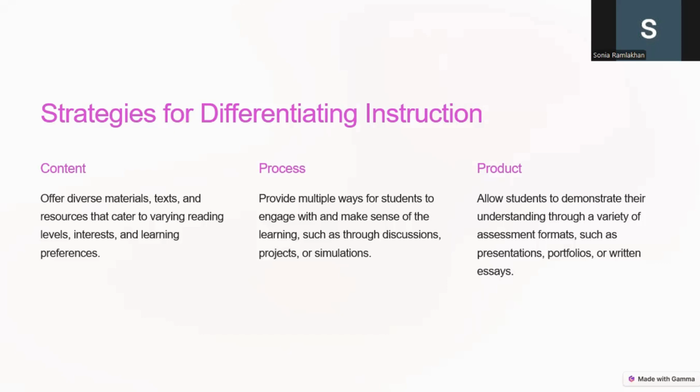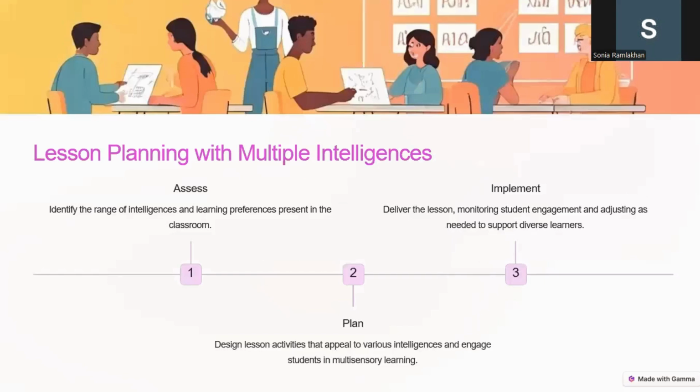Okay, we're going to move on to lesson planning with multiple intelligences. First, we have assess. Start by identifying the diverse range of intelligences and learning preferences in the classroom. This understanding helps tailor activities to meet students where they are.